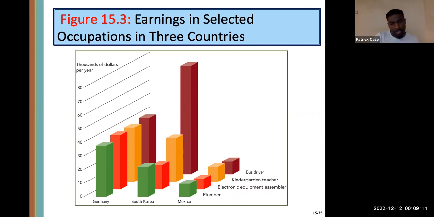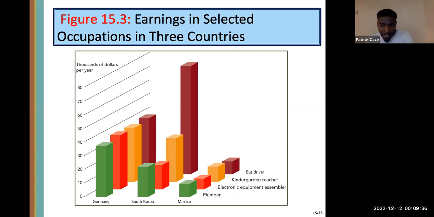I'm confused as to what this is. Yeah. Okay. So plumbers make 45,000 in Germany, 20,000 per year, and it looks like 6,000 in Mexico, right?